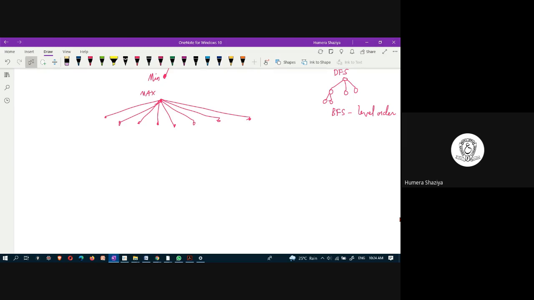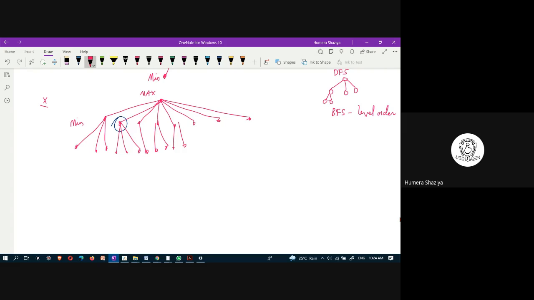Consider that this game is game X, has these options, and Max chooses this option, the second one. And then next it is Min's turn. Consider that from here there are so many options for Min. From here there are so many options for Min. Likewise, every option could lead to several options for Min.